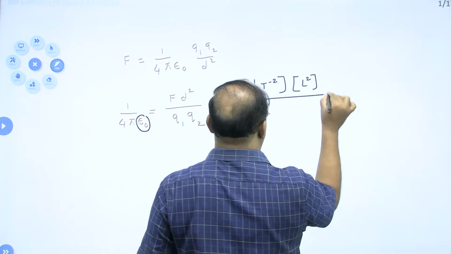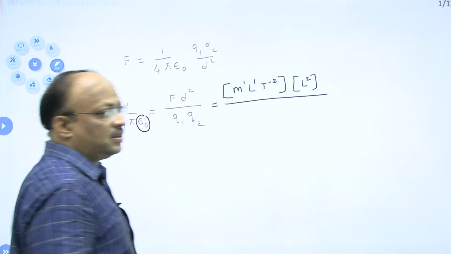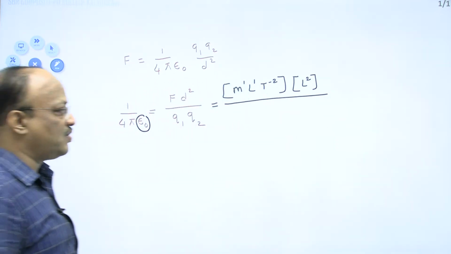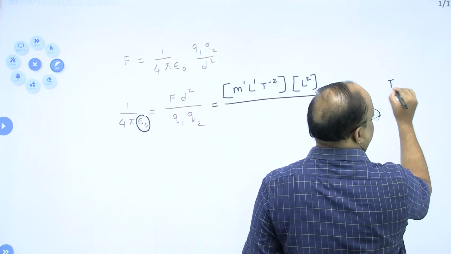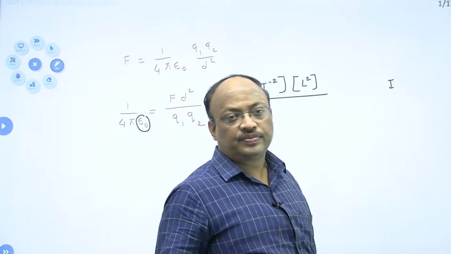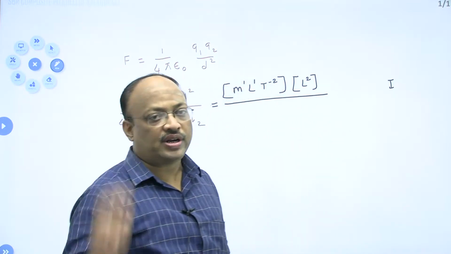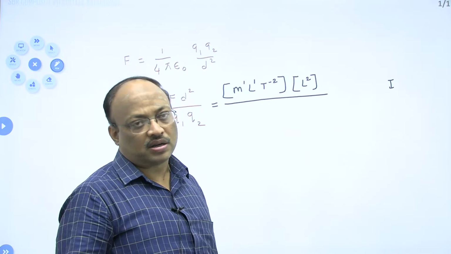Charge. What is the dimensional formula for charge? So, current is taken as a basic unit in our current electricity part.